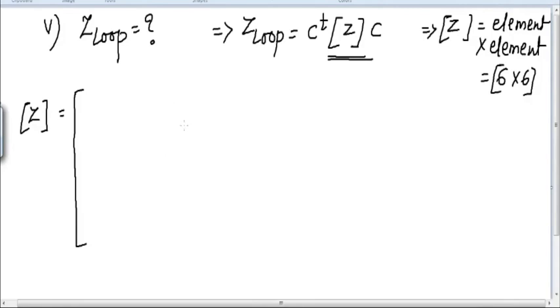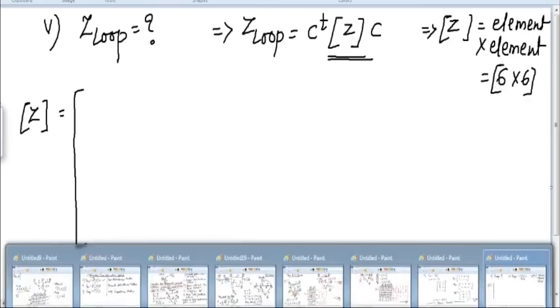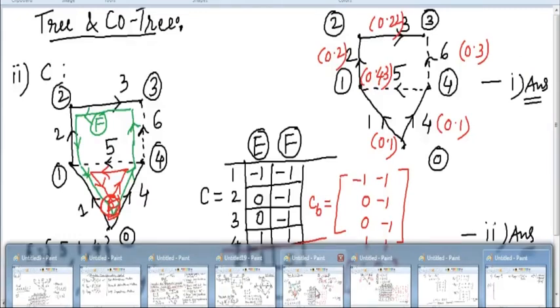Because this is a primitive impedance matrix, and the concept of the primitive impedance matrix is we have to consider the self impedances of all the elements, and the off diagonal elements, that is upper triangular and lower triangular, will be 0, because we are not going to consider the mutual impedances between the elements, whereas we are going to consider only the self impedances which are given in per unit values in the problem. So let us go back to the tree and co-tree where we have written all those values.